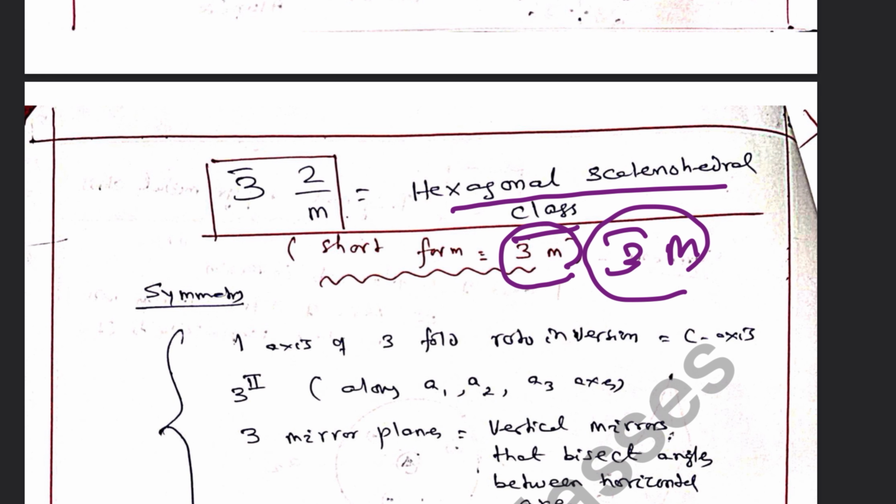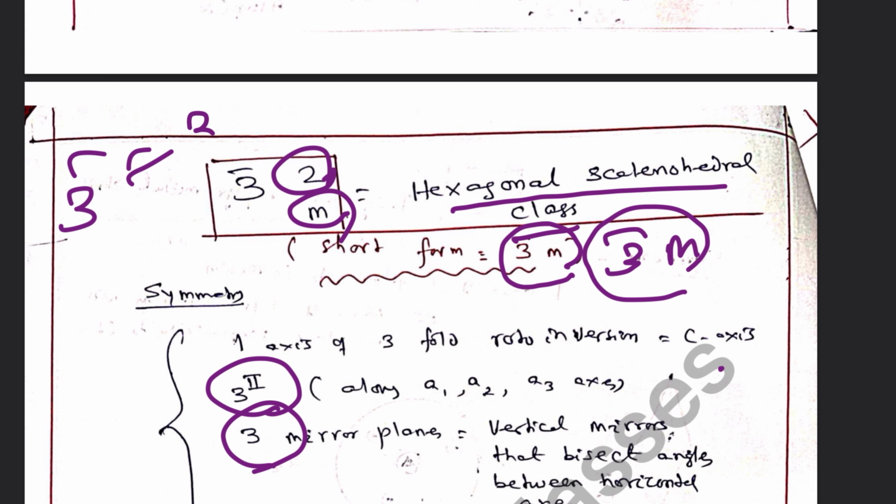So one axis of 3 fold rotoinversion is there, center of symmetry is there, and 3 axes of 2 fold, and 3 mirror planes. 3 bar means 3 axis plus I. So center of symmetry is there, and one axis of 3 fold symmetry is there.